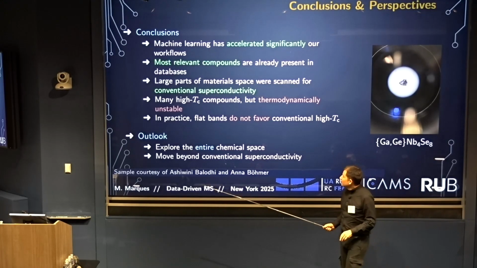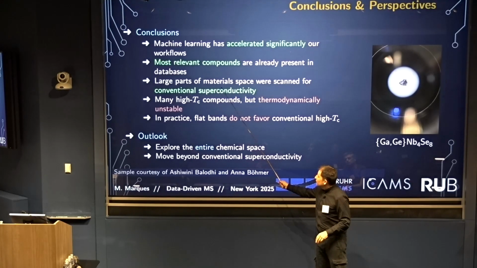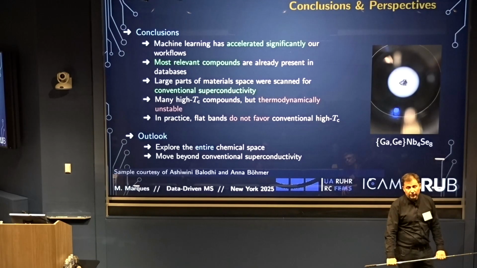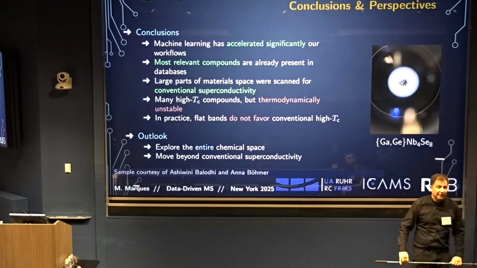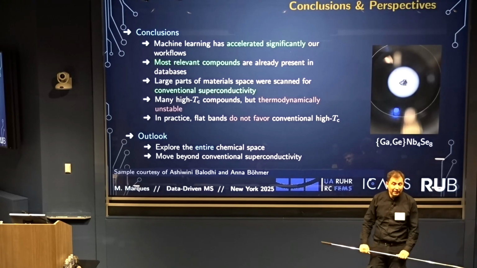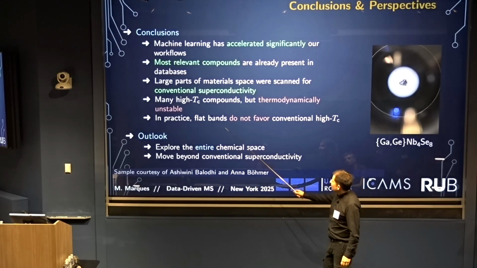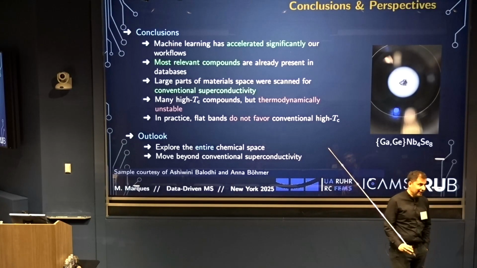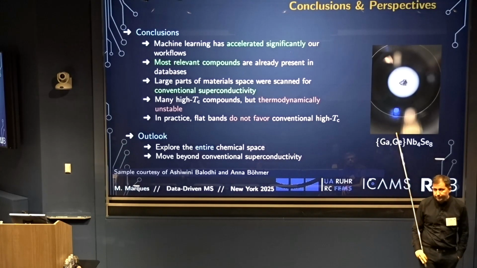Then we have gone through large parts of material space to search for conventional superconductivity. I told you we searched 160 million compounds, which is not infinite, but it's 160 million. We have many high TC compounds, but the high TC compounds are thermodynamically unstable at ambient conditions.